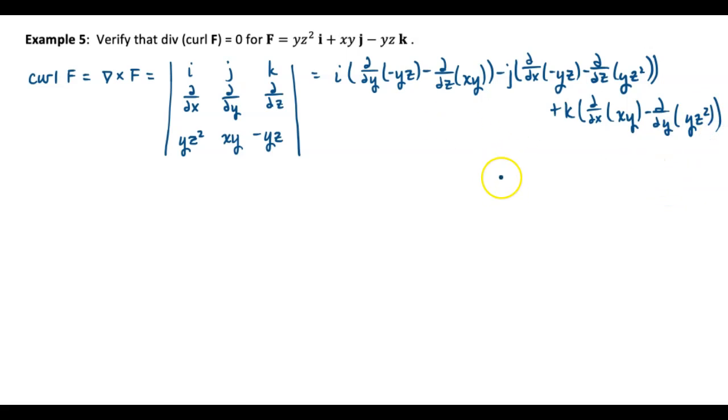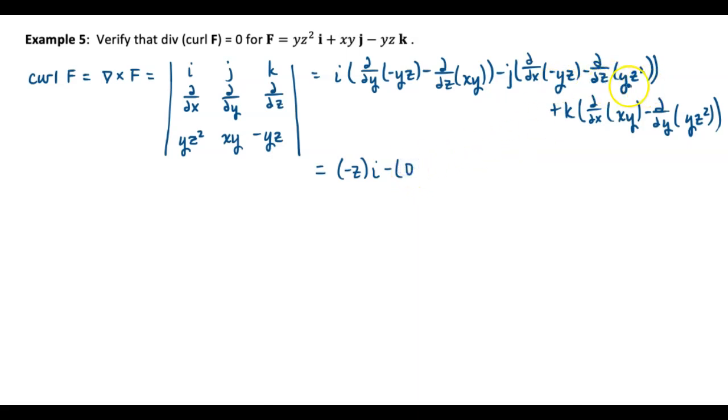And I know we kind of did this the long way, just wrote everything out. The partial with respect to y of negative yz is just a negative z. So we've got a negative z. With respect to z, x and y are constants, and so this is just going to be a negative zi. And our j component is going to be the partial with respect to x of negative yz, which is just 0.